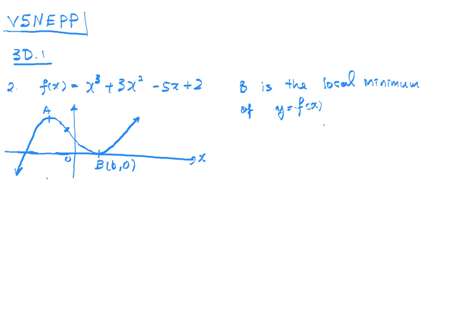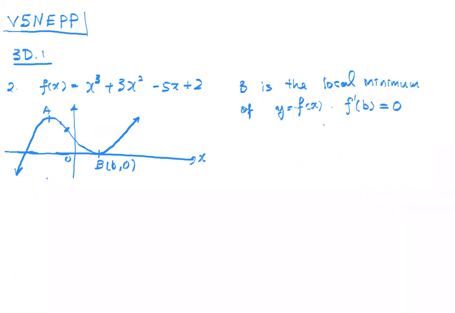So I think of something else. Sorry for that. So B is the local minimum of y equal to f(x), so I know that f prime B will be equal to 0.